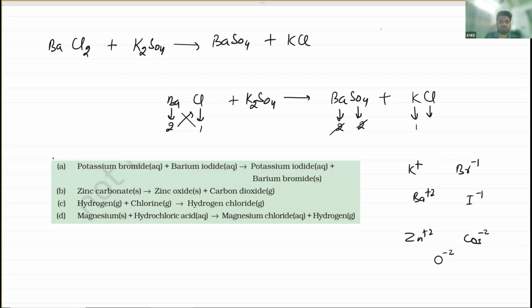Hydrogen H positive, chloride Cl minus. I'm just writing the names of those that will be used. Magnesium +2, hydrochloric acid is HCl. Magnesium is +2, chloride is -1, and hydrogen is +1.